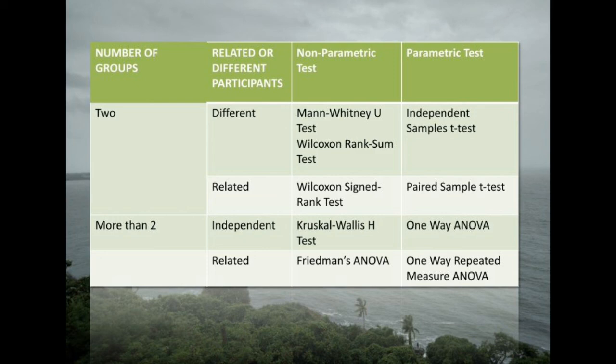Wilcoxon signed rank test is applied as a non-parametric equivalent of paired samples t-test. We can use Kruskal-Wallis H test in place of one-way between group ANOVA when assumptions of one-way ANOVA are not met, and likewise Friedman's ANOVA can be used as a non-parametric substitute of one-way repeated measure ANOVA.